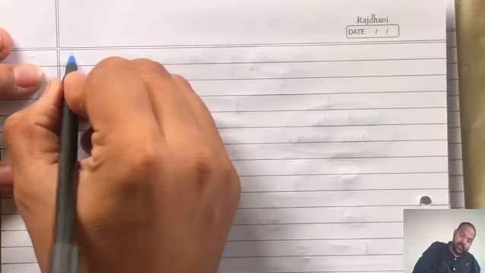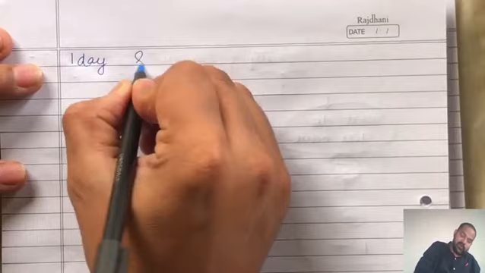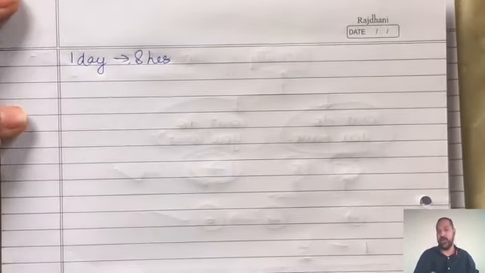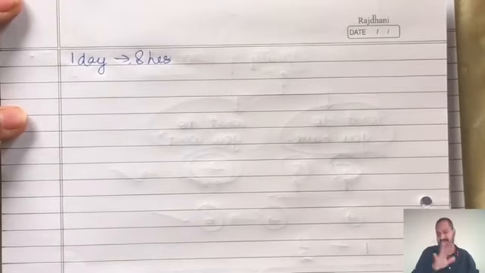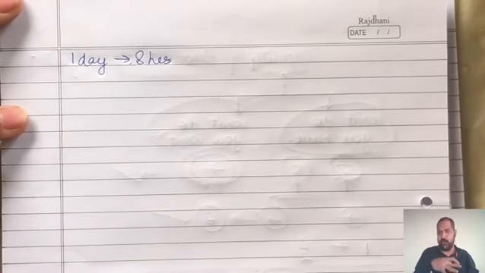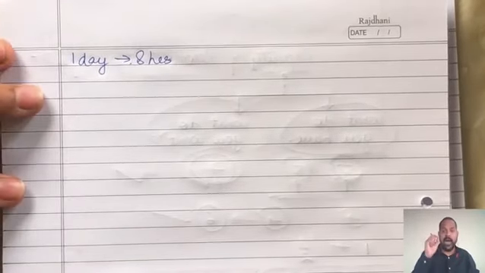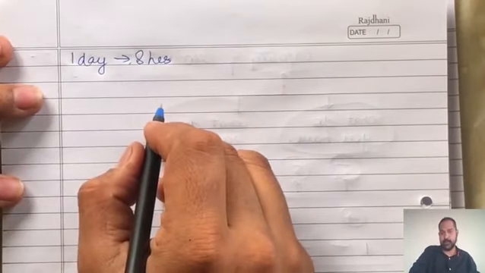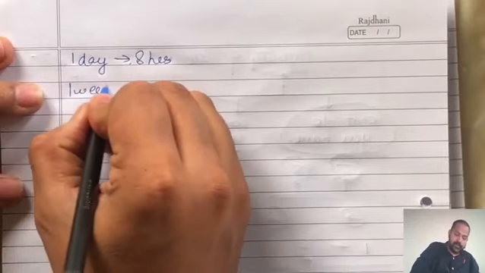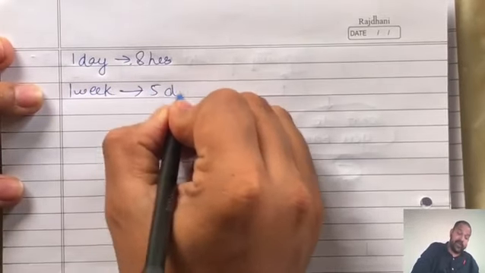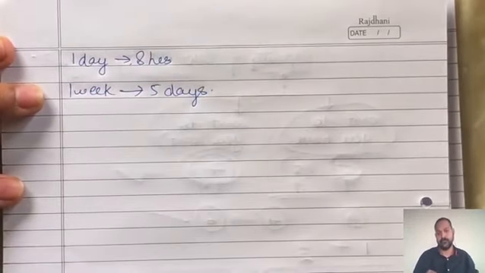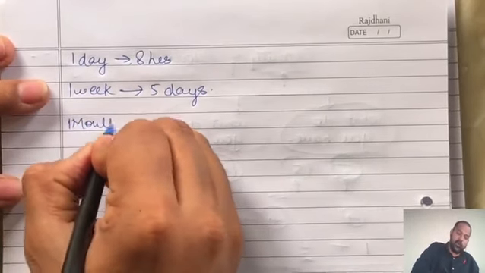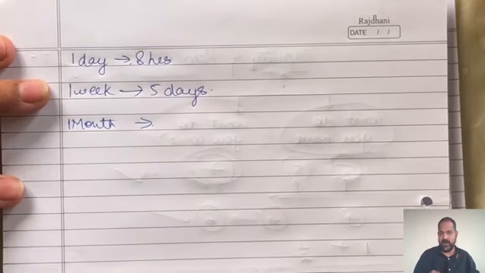The standard is 1 day is always considered as 8 hours. So one production day is not 12 hours. A human day is 12 hours, technically 24. So 12-hour day, 12-hour night. But the production work hour is only 8 hours. 1 week is always considered as 5 days. Well, if 1 week is 5 days, 1 month will be 4 weeks. 4 fives are 20.